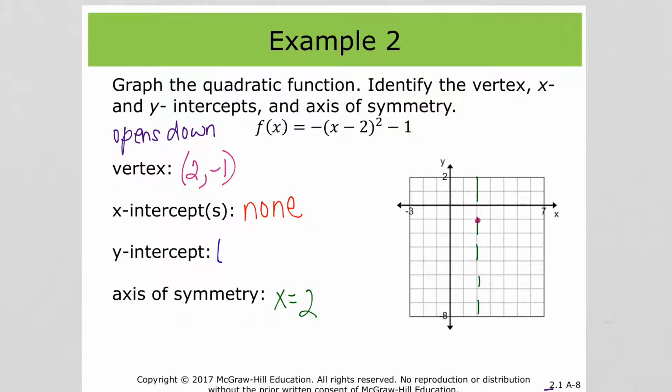And so our y-intercept is (0, negative 5). Okay? Now, because the axis of symmetry makes things symmetric, then we know we can take this (0, negative 5) and stick it over there to help us graph our parabola. And so we have something like this.